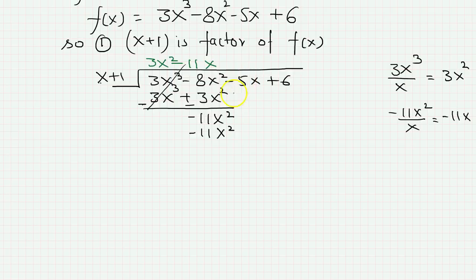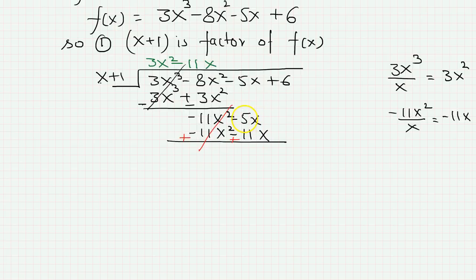Now because we are dividing, this has to come down, minus 5x. Now multiply 11x by 1, so minus 11x. Both numbers are same, so we change the sign, we make it positive and this also positive. Minus 11x square plus 11x square is cancelled.